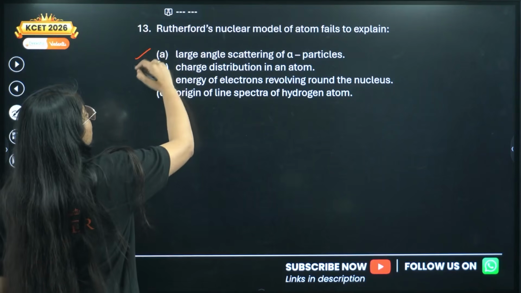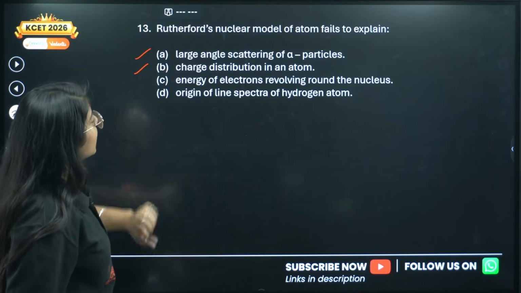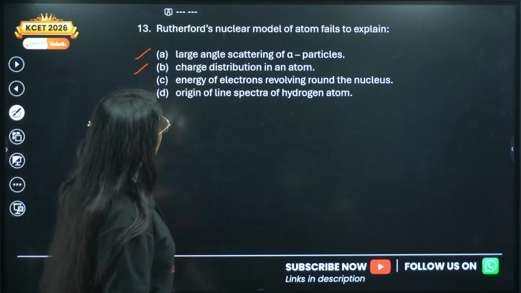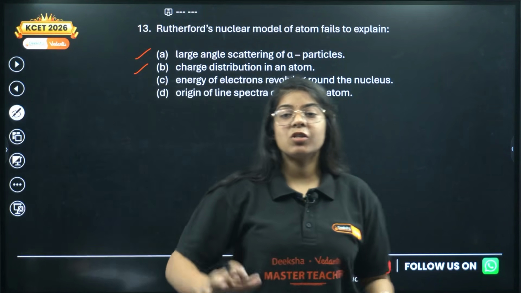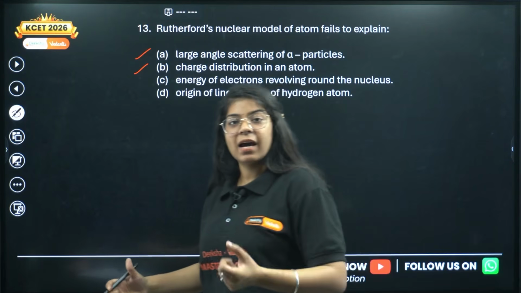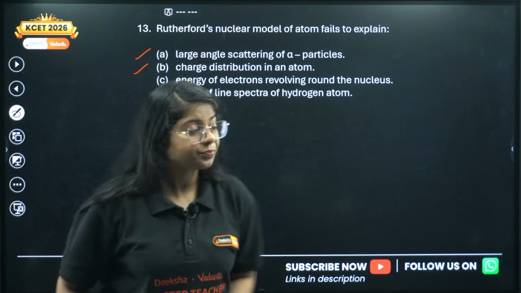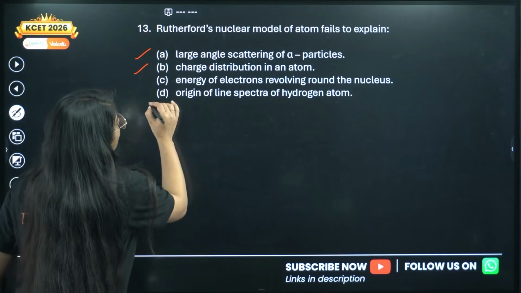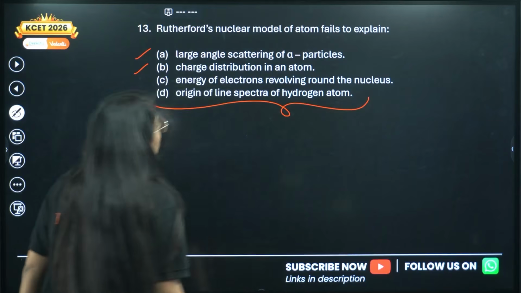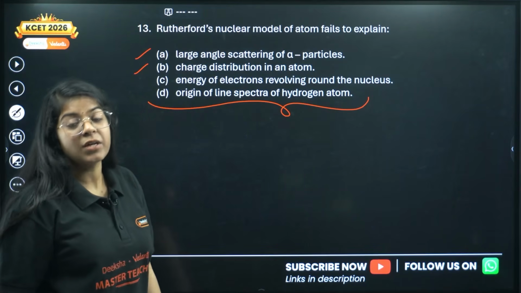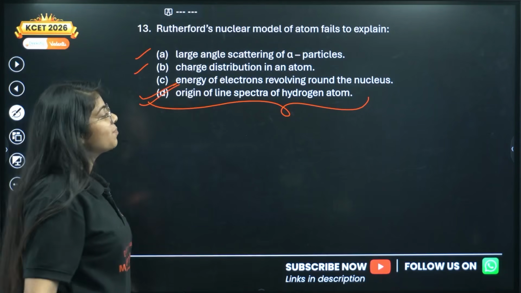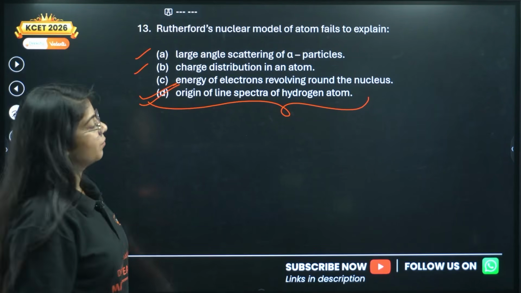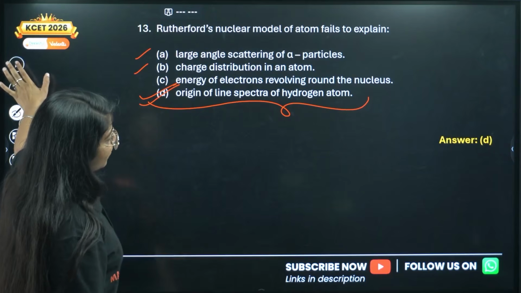Although it quite explained these two, the energy of electrons revolving around the nucleus was also a bit questionable, because it did not explain why they are quantized. But the main point it couldn't explain was the hydrogen spectra, its origin. So the correct option will be origin of line spectra of hydrogen atom. Okay, that is option number D.